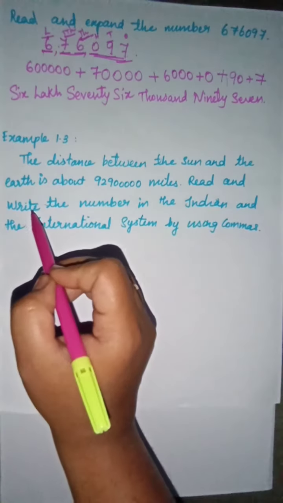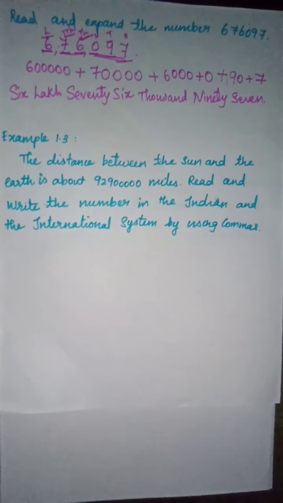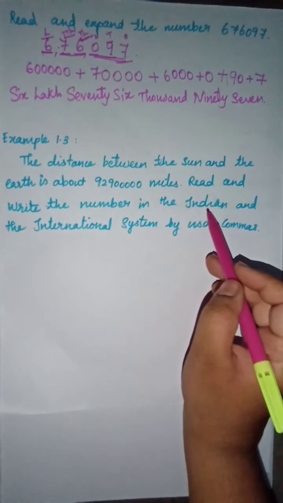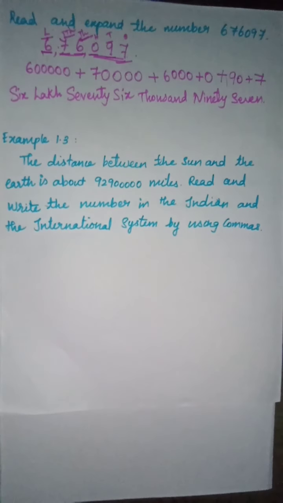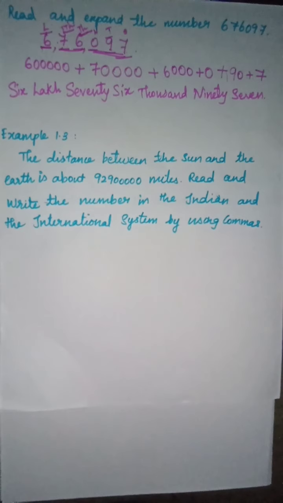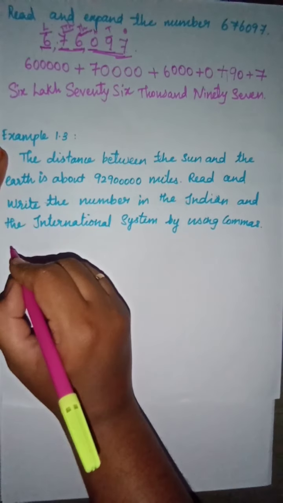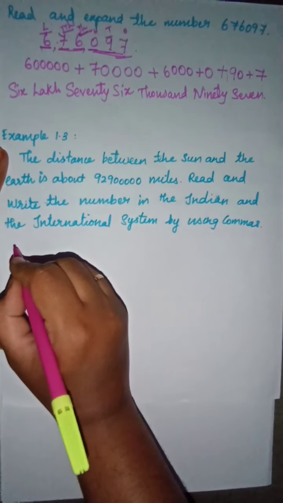Read and write the number in Indian and in international system by using commas. So what we have to do? We have to take that miles number given here and write it in Indian system and also in international system. So now we are going to first write it in Indian system.